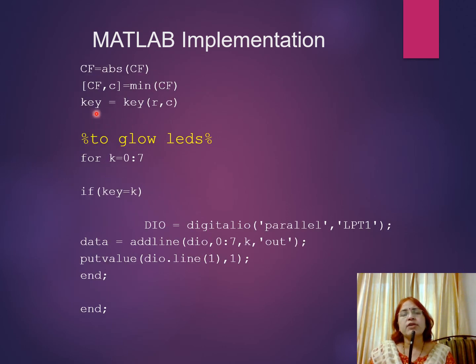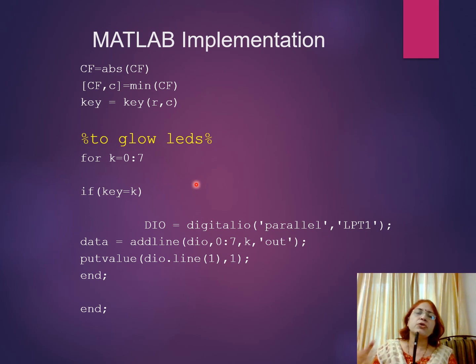So in this way, by identifying the row number and column number, you can identify which key has been pressed. The row number of the frequency and the column number of the frequency, then the intersection of both will give you the particular key number. Now this one is additional, to glow the LEDs.